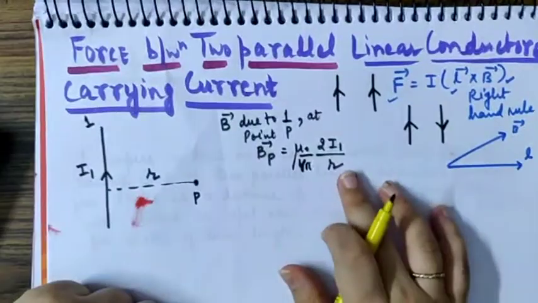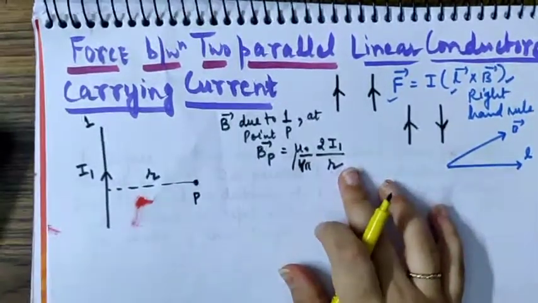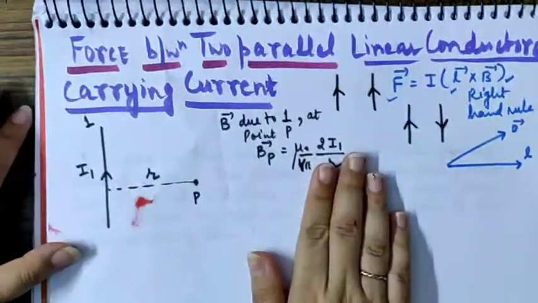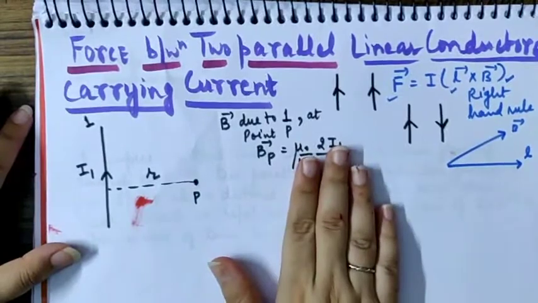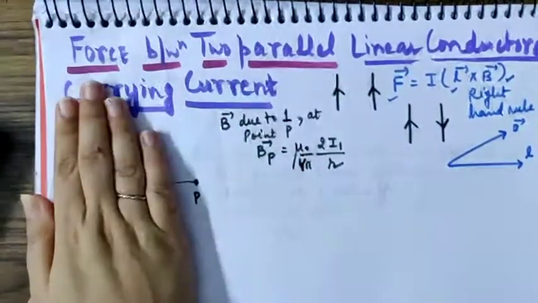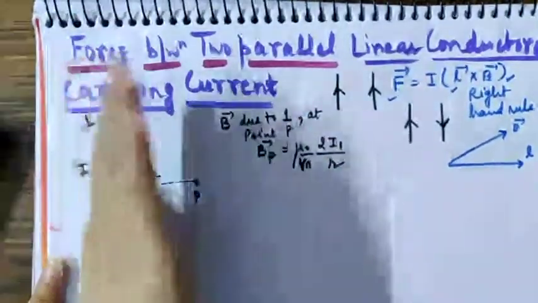Now, finding the direction of this magnetic field. To find its direction, place your right hand in the direction of current and move to the point of interest through the smaller angle. You can place the right hand in the direction of current like this, or like this. How should I keep it?